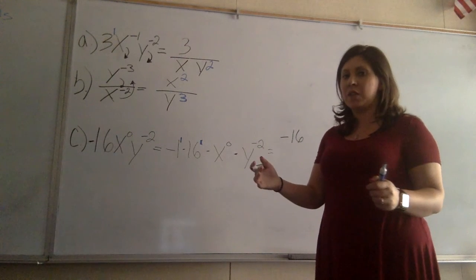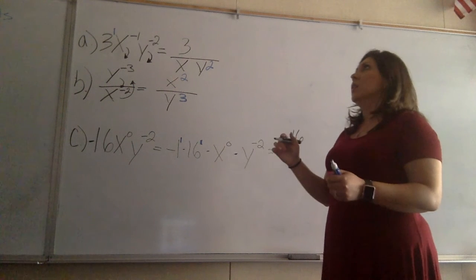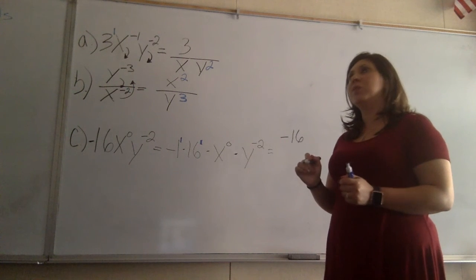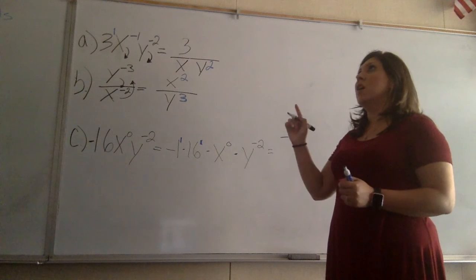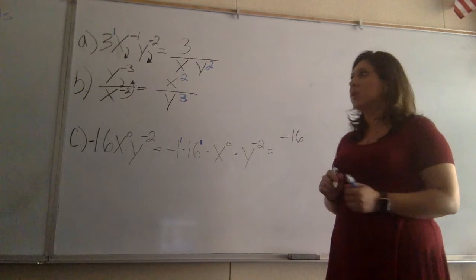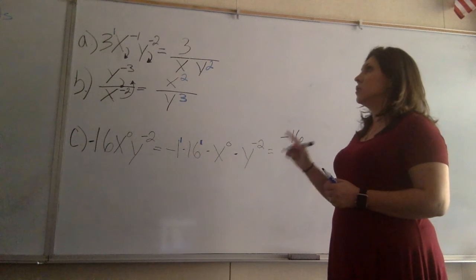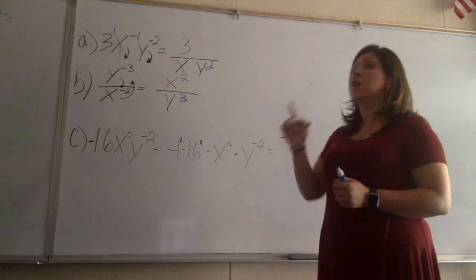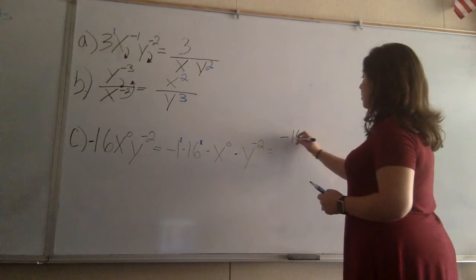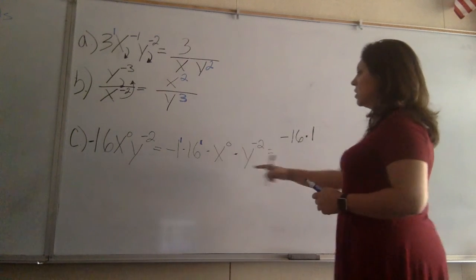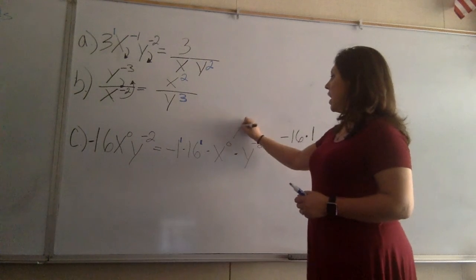What answer does that give me? I know it. What is it? X to the 0 gives me a 0. No, that's not right. X to the 0 gives me 1. That's it. So I know I'm going to have 16 times a 1 because x to the 0, that gives me a 1.